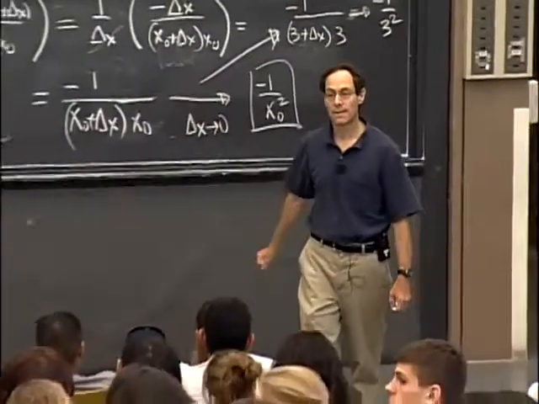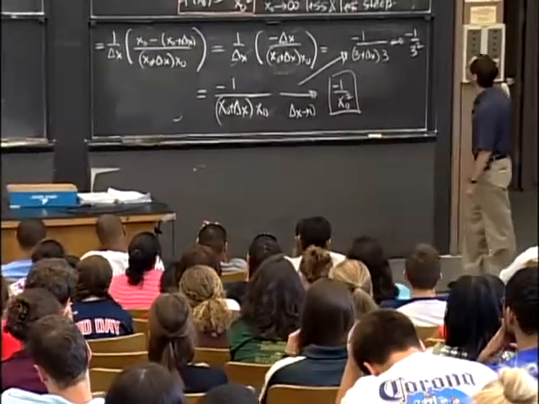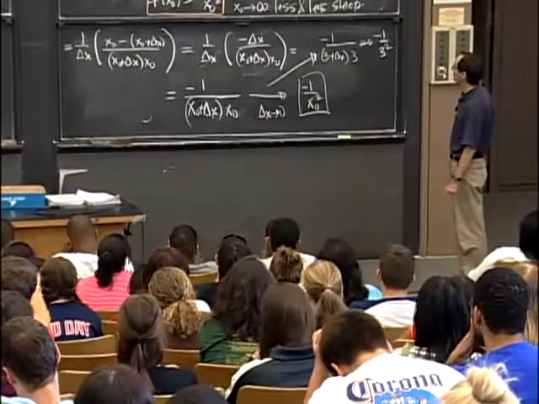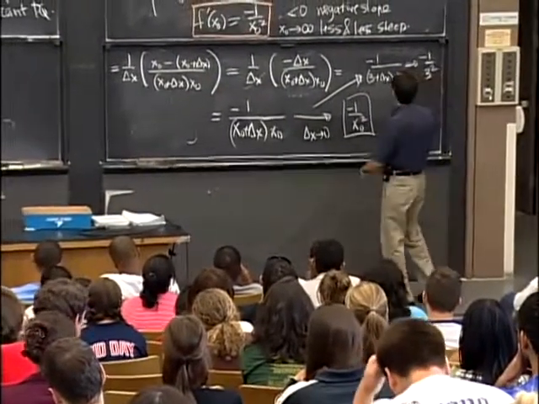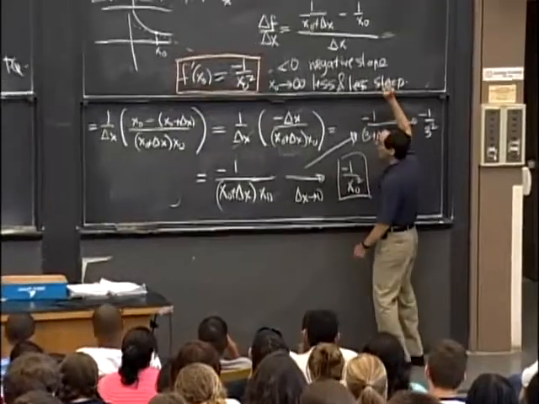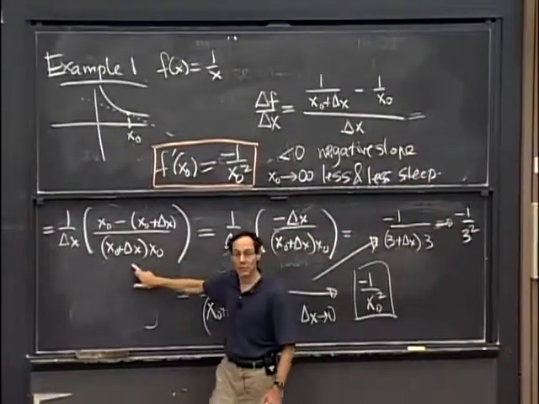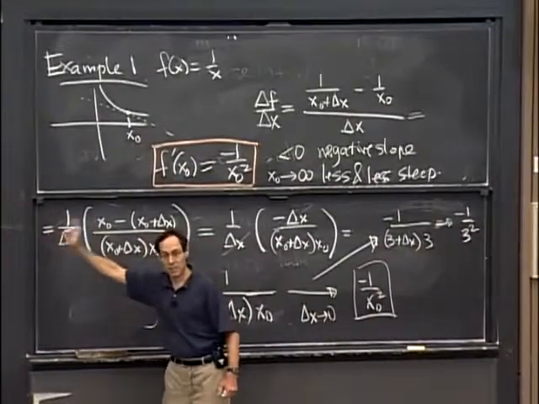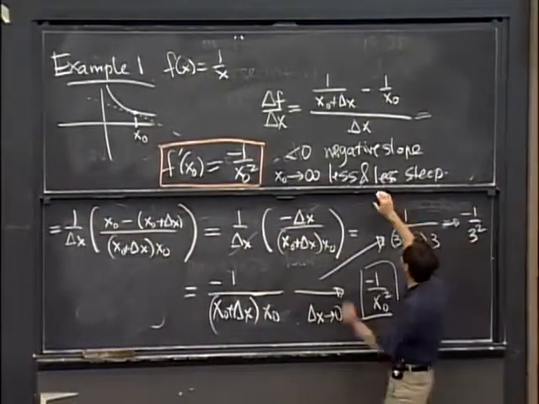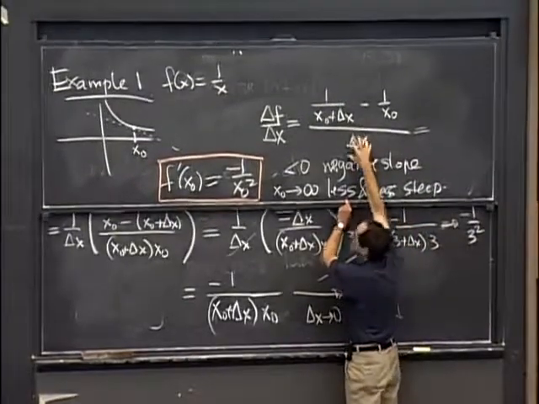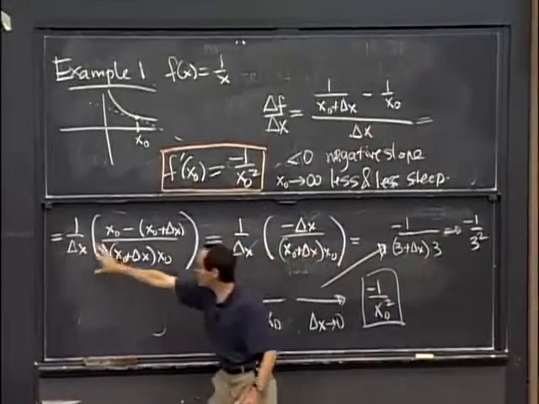Yes? How did you simplify from delta f over delta x? How do you simplify from the original equation to when you have 1 over delta x factored out? So the question is, what happened between this step and this step, right? Explain this step here. All right? So there were two parts to that. The first is this delta x, which was sitting in the denominator, I factored all the way out front.